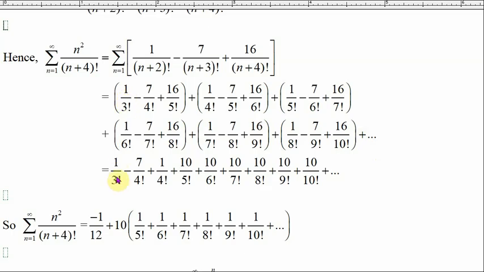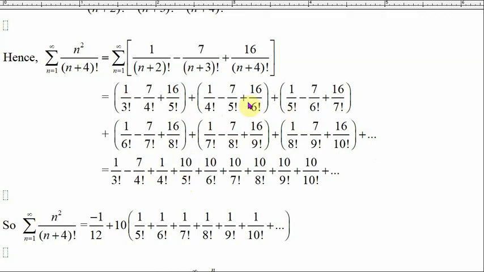This is 1 over 3 factorial minus 7 over 4 factorial, and then plus 16 over 4 factorial. And then notice that this is 16 over 5 factorial minus 7 over 5 factorial, and then plus 1 over 5 factorial. And we get 10 over 5 factorial.